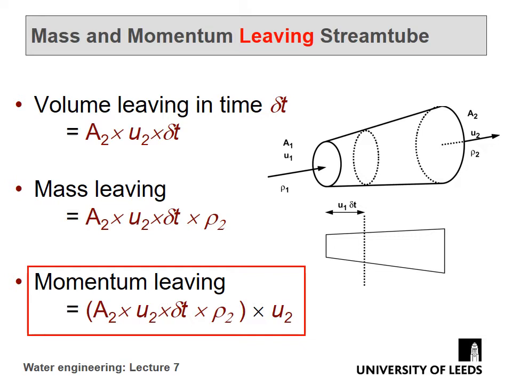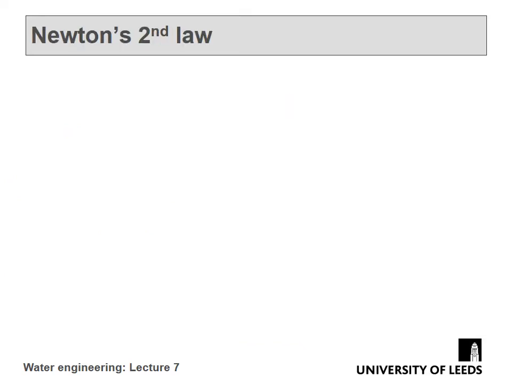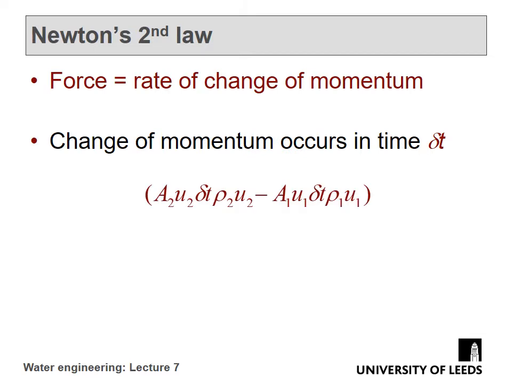Well, we've got two momentums, one going in, one coming out, and these are different, and we look at the difference in the time delta t. So as our change of momentum all took place in the time delta t, the force on the fluid is equal to that.